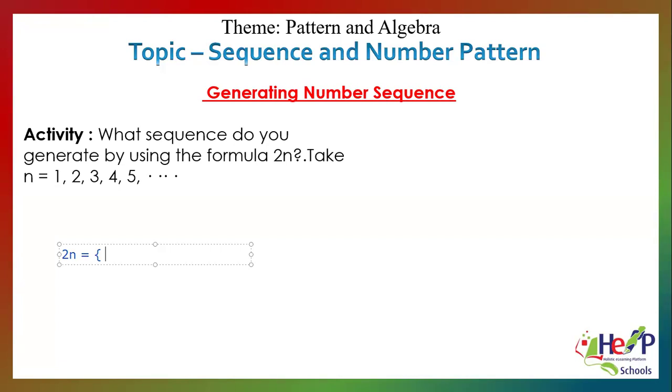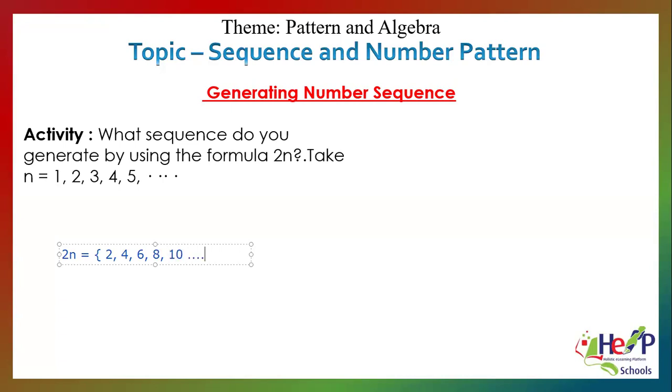Now, n always represents counting numbers, from 1 to infinity. So where there is n, you keep replacing it with the number. The first one would be 2 times 1 to give us 2. The next one would be 2 times 2 to give us 4. The next one will be 6, the next one will be 8, the next one will be 10, and so on.